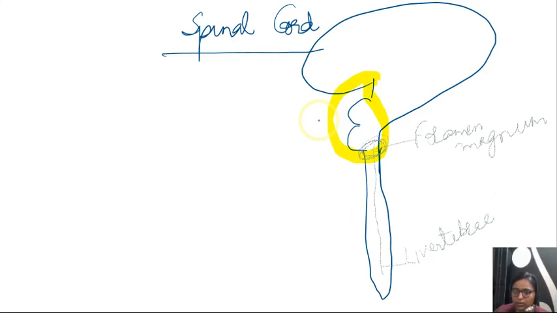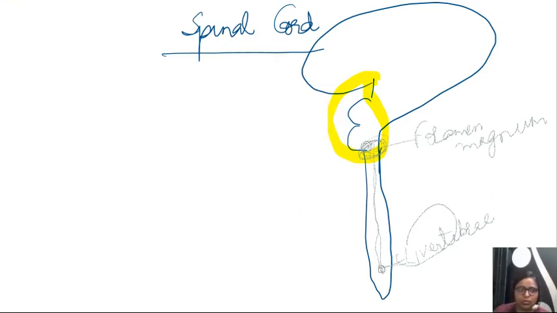So it is a continuation of the medulla oblongata above, and it extends down from the foramen magnum. It is an opening in your skull through which your spinal cord descends, and it terminates at the L1 vertebra. So the spinal cord runs from your medulla oblongata to the L1 vertebra.